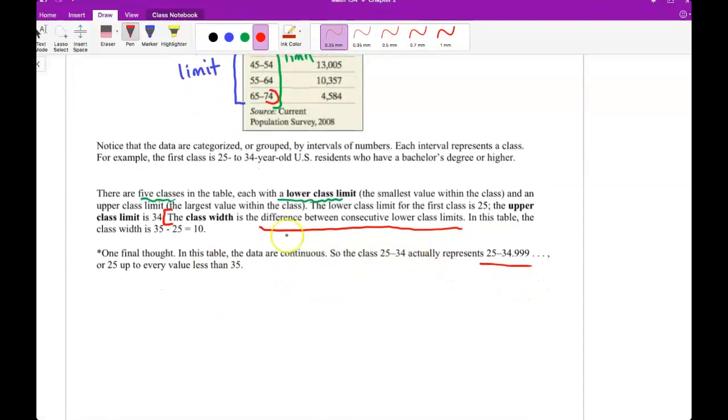So class width is not equal to 9. That is wrong, and it is equal to 10.